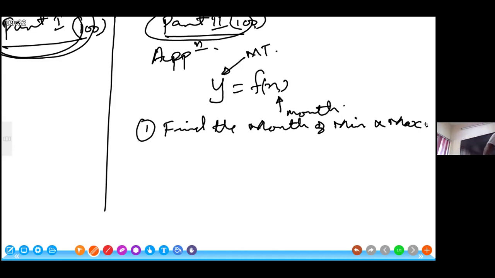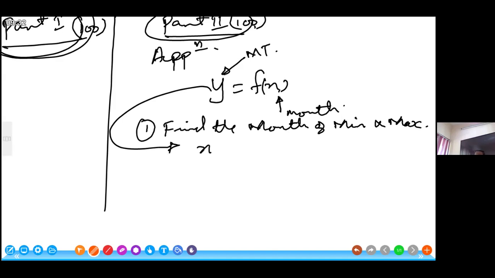Anyone? We have learned this. You have to differentiate the function. Yes, we'll have to differentiate the function first.